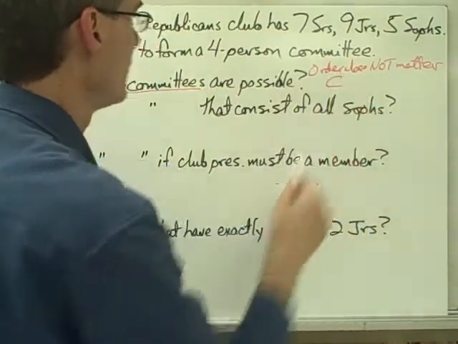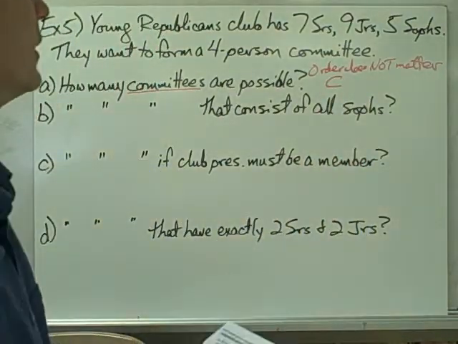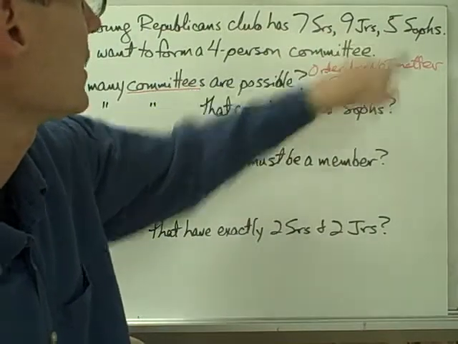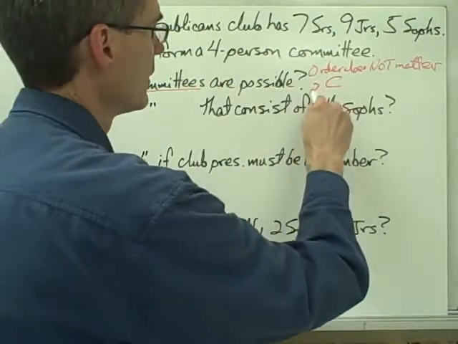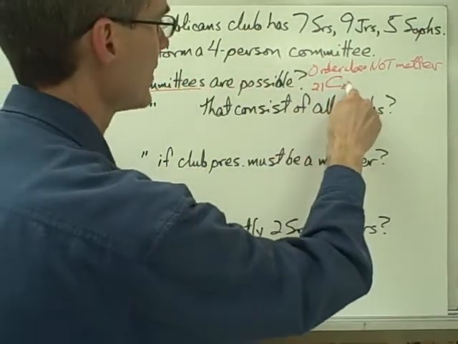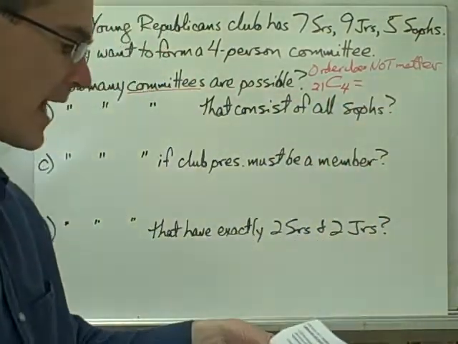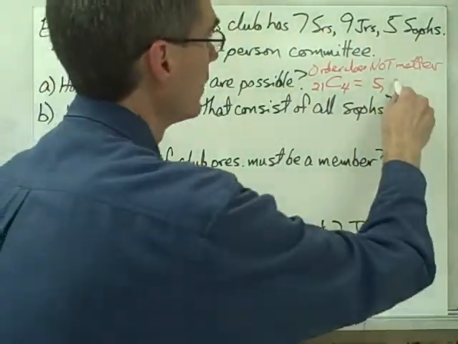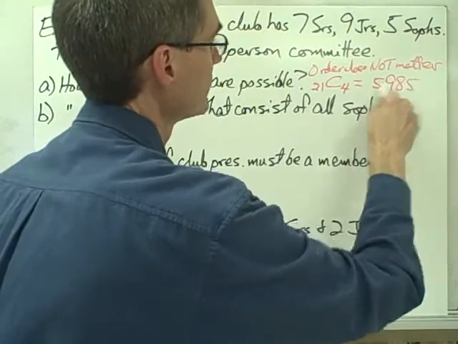I'm looking for the number of combinations of, let's see, 7 seniors, 9 juniors, and 5 sophomores. That's 16, and 5 is 21. The number of combinations of 21 people taken 4 at a time, because it's a 4-person committee. And if I punch that into my calculator, I get 5,985.